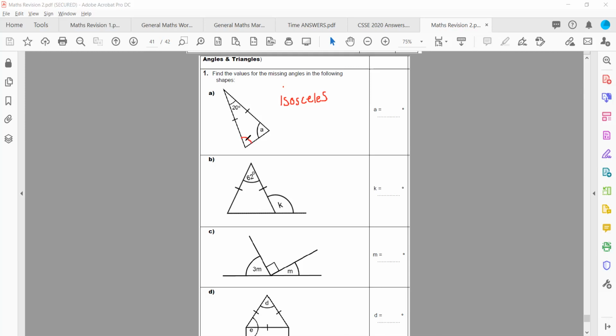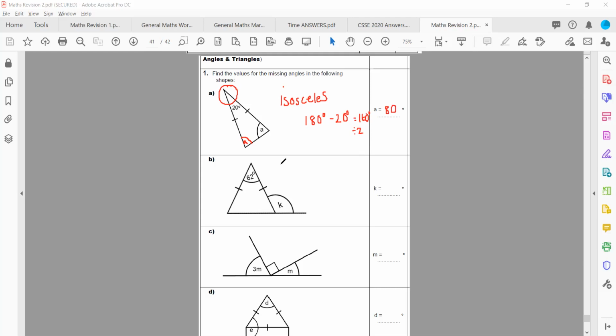So this angle here will also be A. You've been given the top angle or the single angle at the top. There are 180 degrees in a triangle. So you would subtract the 20 degree angle that you know, which would leave you with 160 degrees. And because these 2 angles are equal, you would divide that by 2 and angle A's value would be 80 degrees.